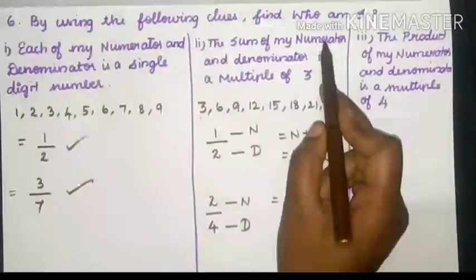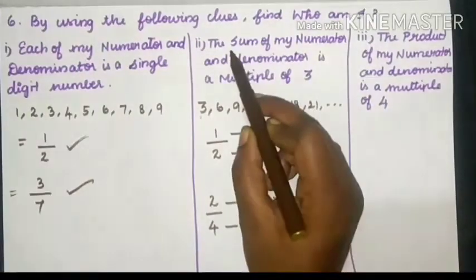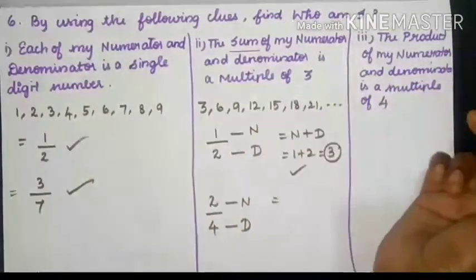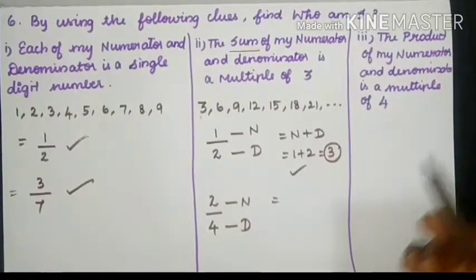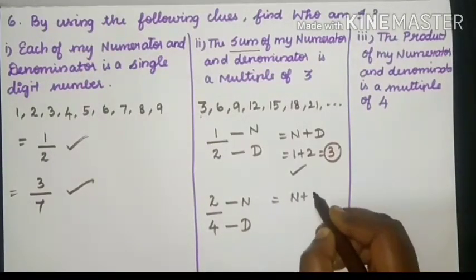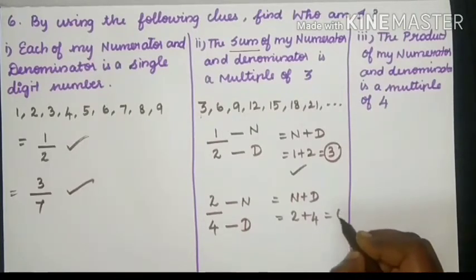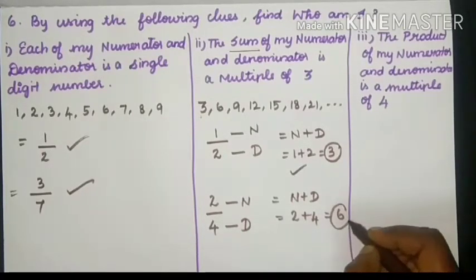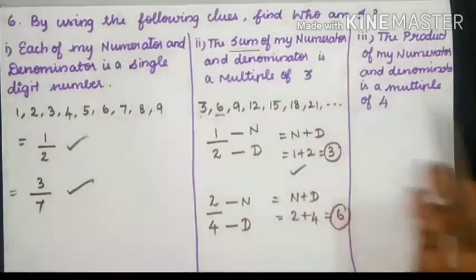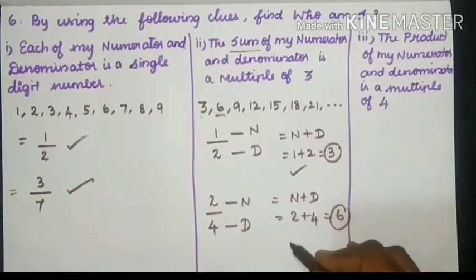Sum means you have to add. Numerator plus denominator is equal to 2 plus 4, that is 6. 6 is also a multiple of 3. So it satisfies the second given clue.